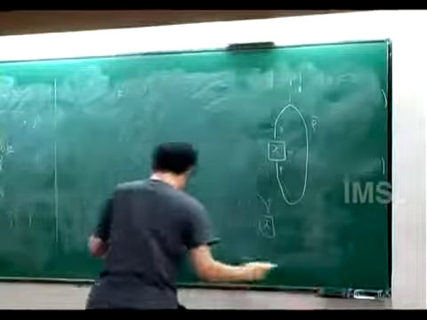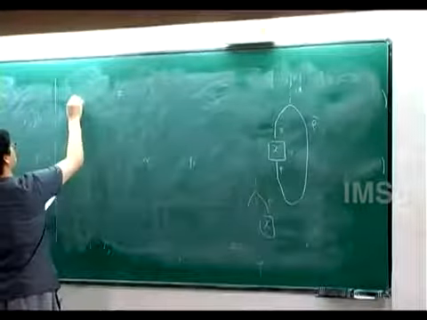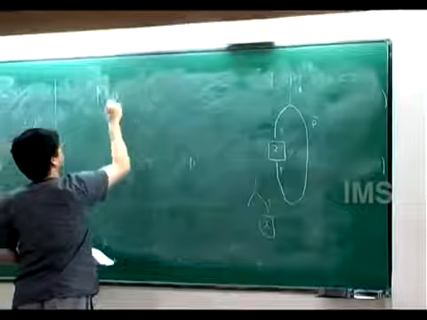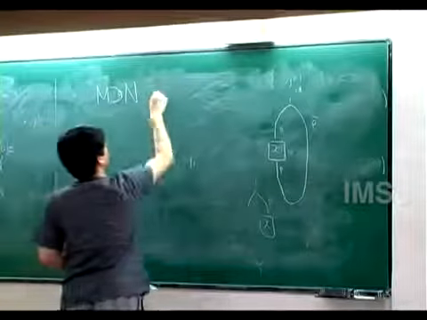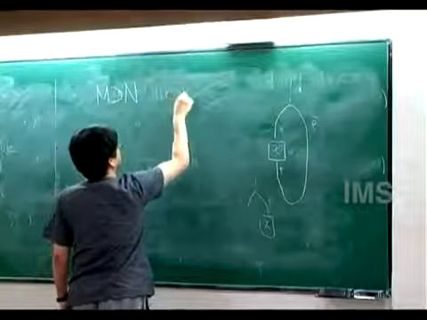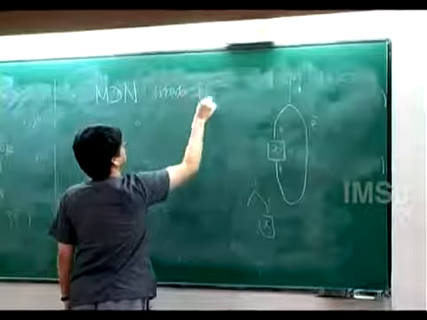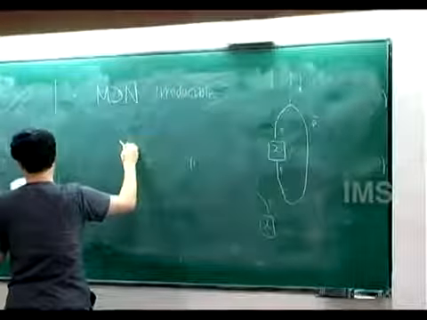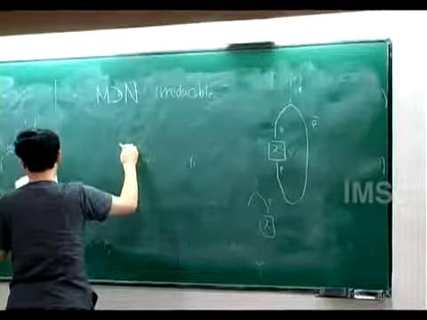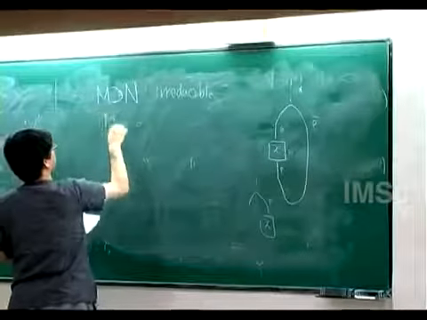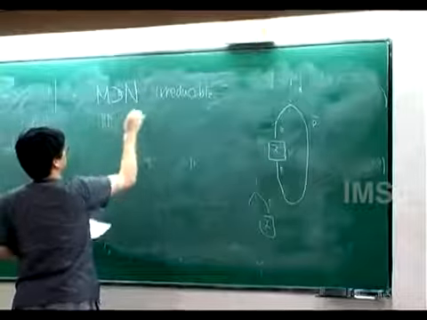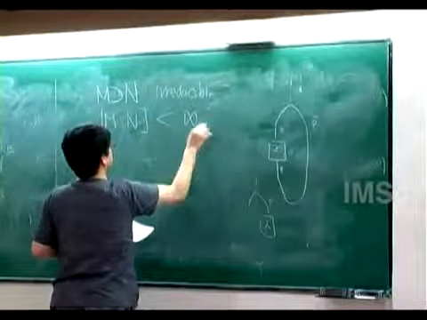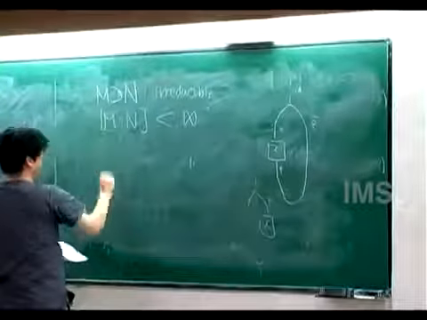So, assume this is an irreducible inclusion and of finite index. And let iota be the inclusion map.